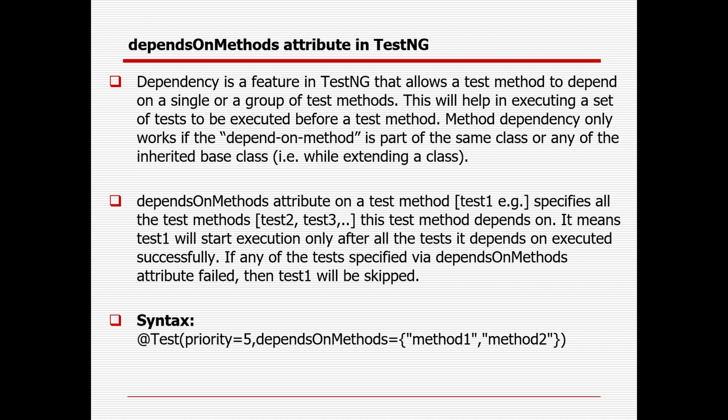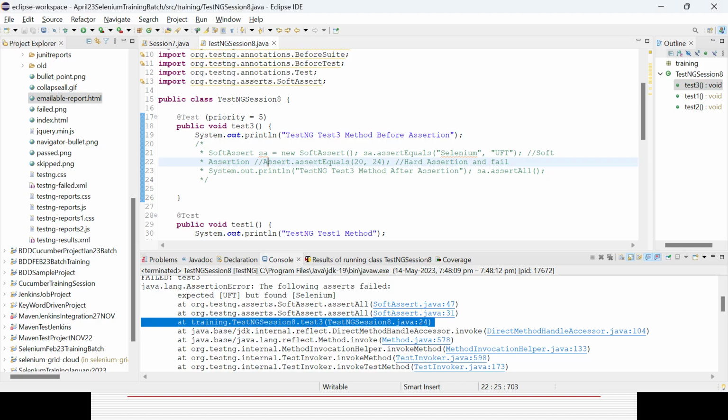In case the dependency method passes, that is fine. In case the dependency method fails, the dependent method will simply be skipped, and that is the way, instead of a false run, you can save time. You don't want it to fail just because the method it depends on failed.